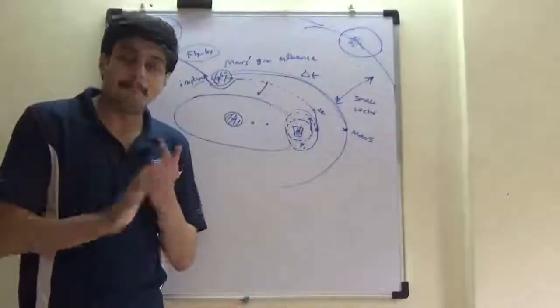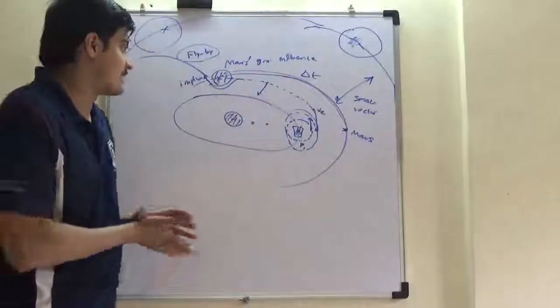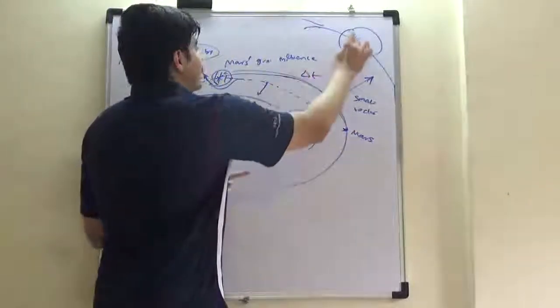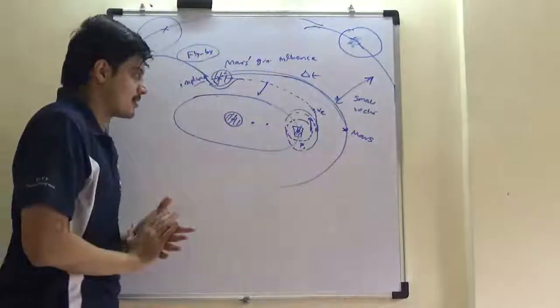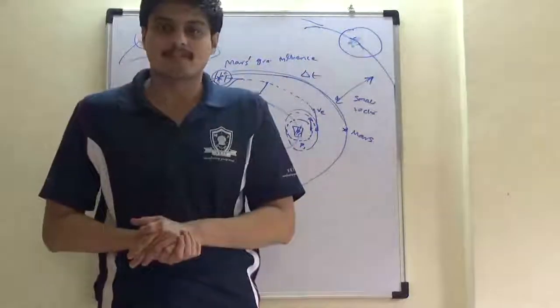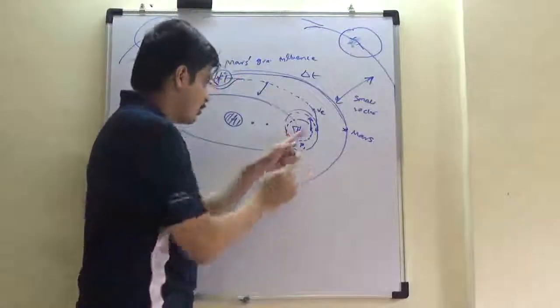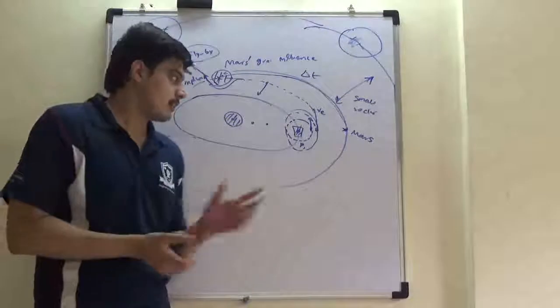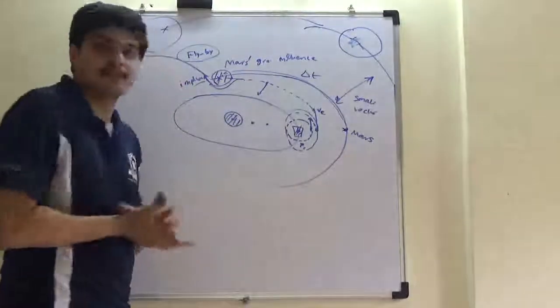But the main catch in all this fanciness is that the initial locations, the delta T and the slingshot locations are of precise importance. Which means when you launched and your Mars was here, you will never be able to catch it. If it was here, that's a problem.